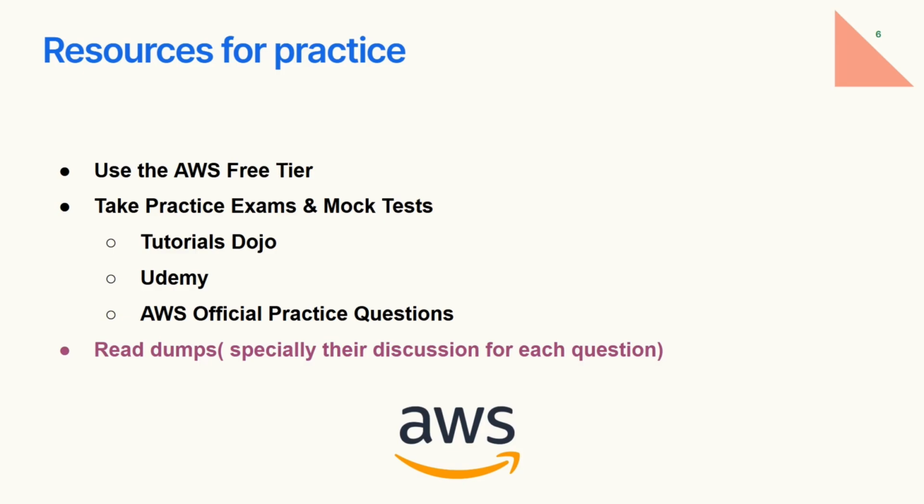So never blindly memorize the answers. Always focus on the reasoning behind each one, because when you start reasoning the answers, you get to understand the core concept and also the various AWS services, not just the single service on which the question depends. I would highly recommend reading the discussion section.